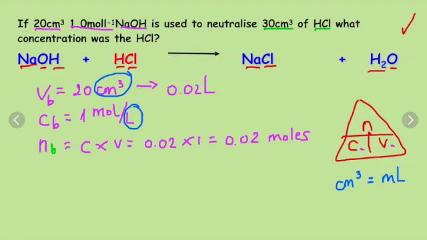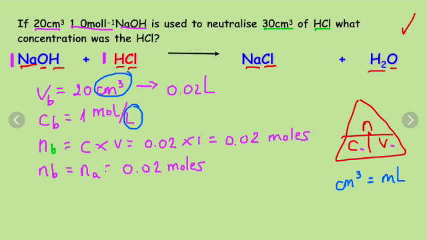Looking at the molar ratio, 1 mole of base is neutralized by 1 mole of acid. So it's 1 to 1, which means it's the same number of moles of the base as of the acid. So now we know that we have 0.02 moles of the hydrochloric acid.